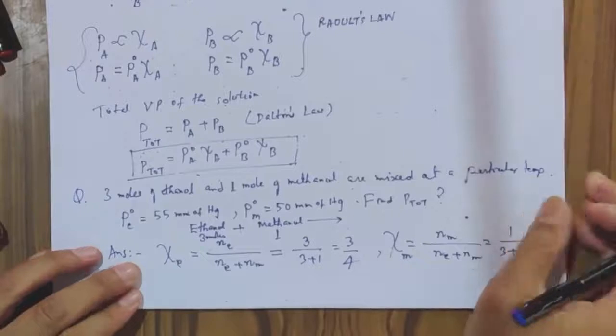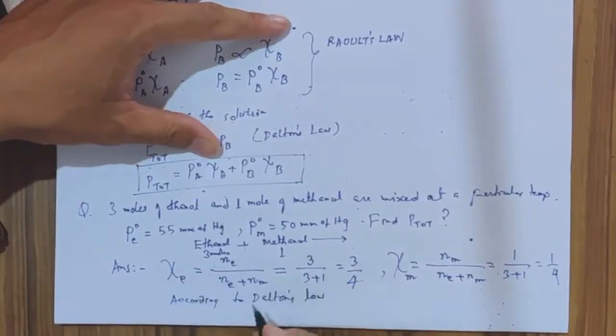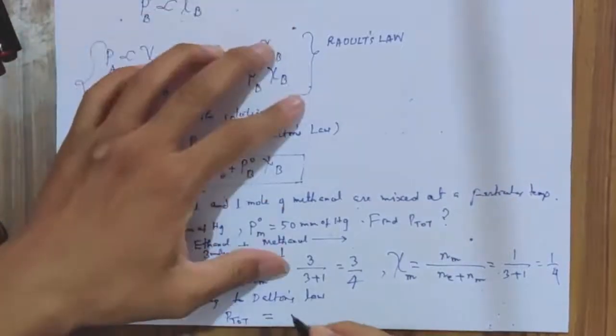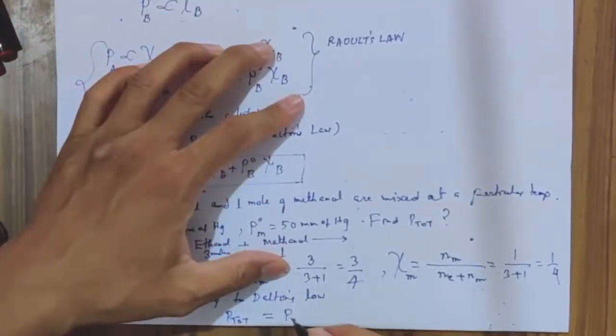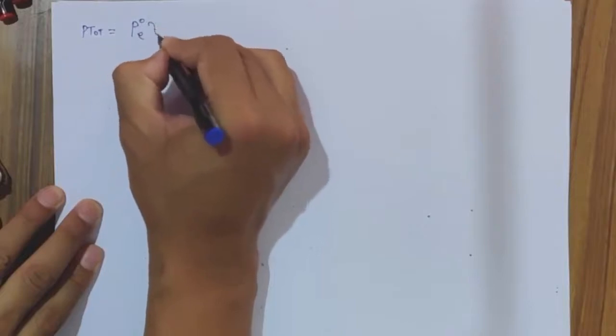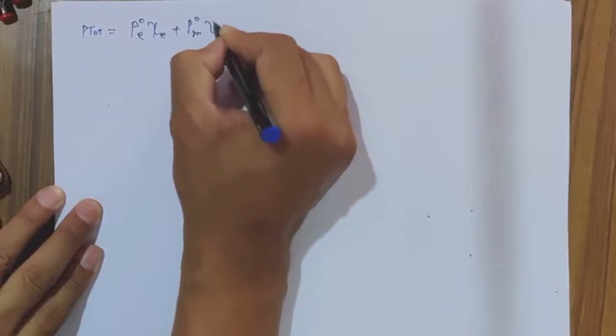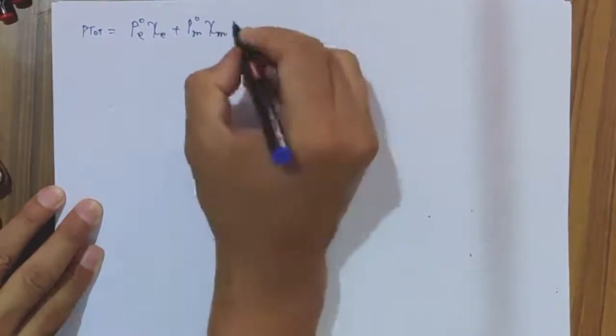Now, according to Dalton's law, P total is equal to the partial pressure of ethanol plus the partial pressure of methanol. So P total is P naught ethanol times the mole fraction of ethanol plus P naught methanol times the mole fraction of methanol.